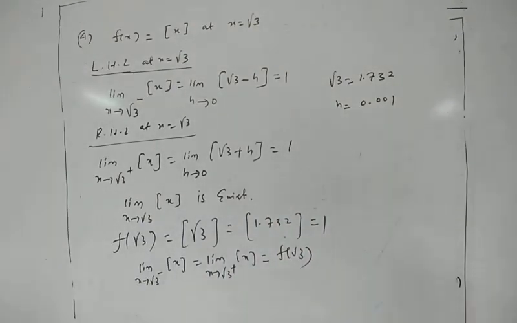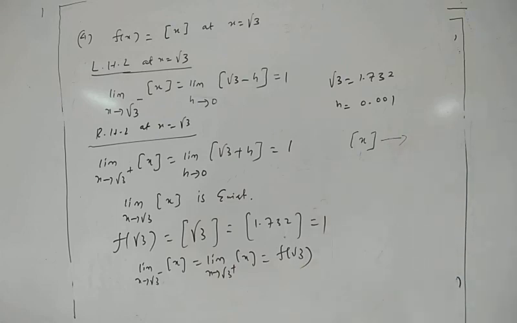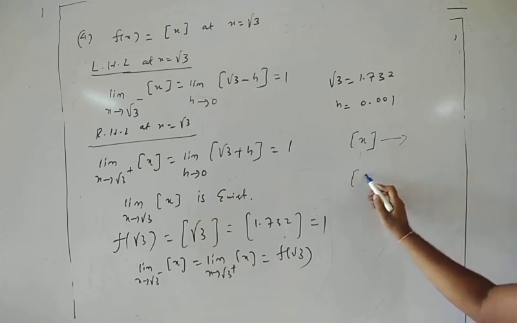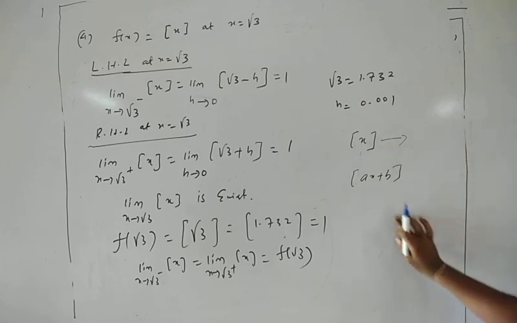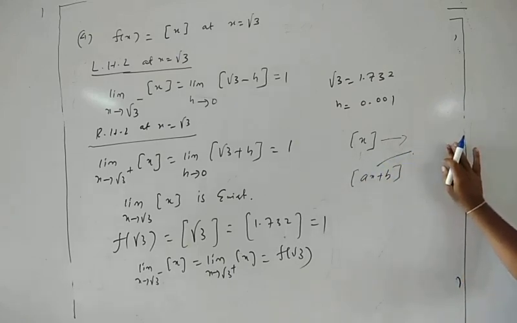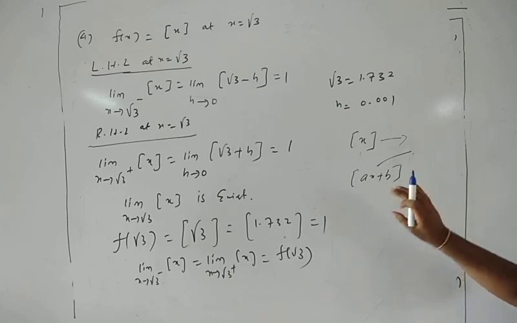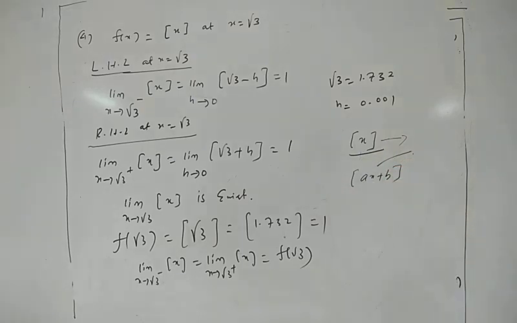So remember, bracket x is not continuous at integral points; except at integral points, it must be continuous. For the bracket of a linear form, suppose ax plus b, if the value at the point is a fractional value, it will be continuous. If the value is an integer, it will never be continuous. So remember this: bracket x is continuous except at integral points.